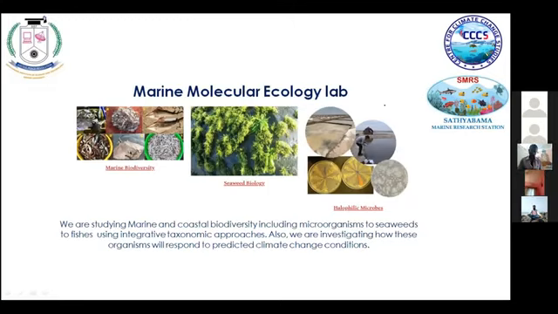So we have been studying the marine and coastal biodiversity, or the marine and coastal organisms, which include microorganisms, seaweed, fishes and crustaceans, using integrative taxonomic approaches. And we have also been investigating how these organisms will respond to predicted climate change conditions in the future oceans.